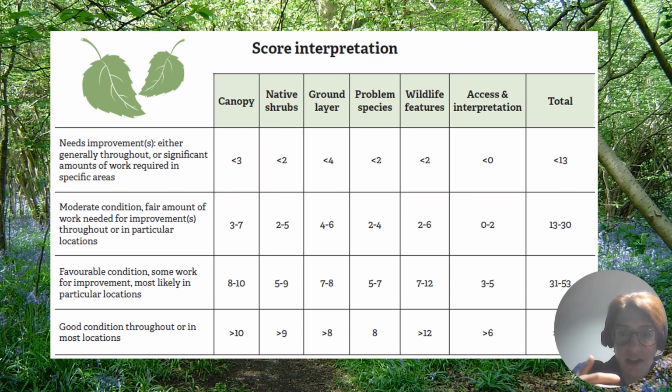Between 31 and 53, it starts to be in favorable condition, although it still needs some work, and so on. So you can see for each of the categories where you are, and then for the total score. But as I mentioned, for me, it's more valuable knowing for each category where your woodland is more than overall, because then you know what category you need to tackle more.